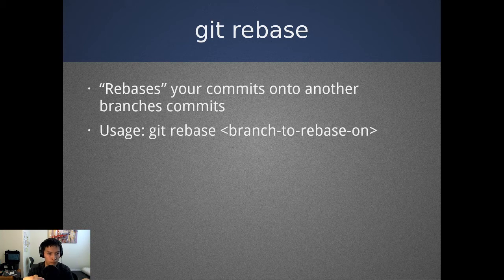Let's say you're working on an API, and your code relies on some other code that was maybe buggy. And your branch hasn't received those updates, because you diverged from the other branch.